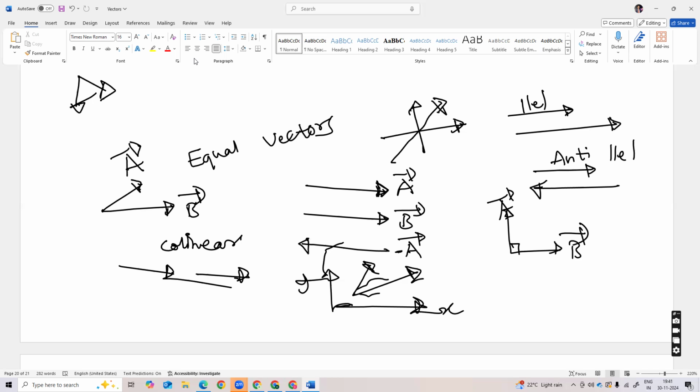Unit vector you have already studied, and if a vector has zero magnitude, it is basically a zero vector. This classification, I don't think it is that useful.